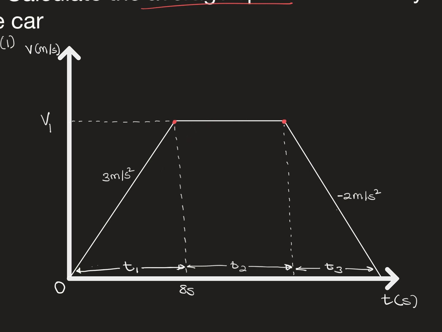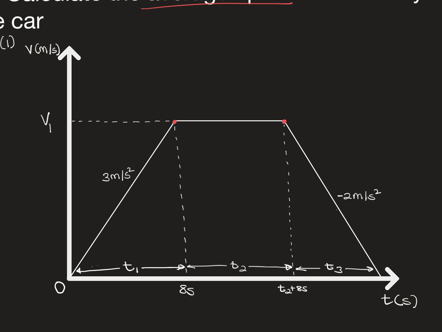Now, if we analyze from this point to this point, the duration is 8 seconds, but we don't know T2. But what can we say the duration from the origin to this point, it will be 8 seconds plus T2, right? So we can indicate that as T2 plus 8 seconds as the time at this point. We also don't know the time T3 taken during retardation.